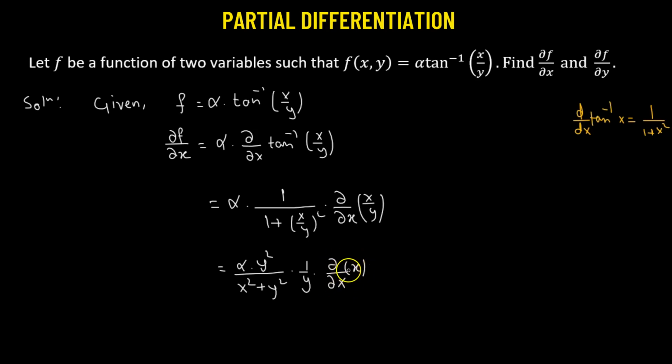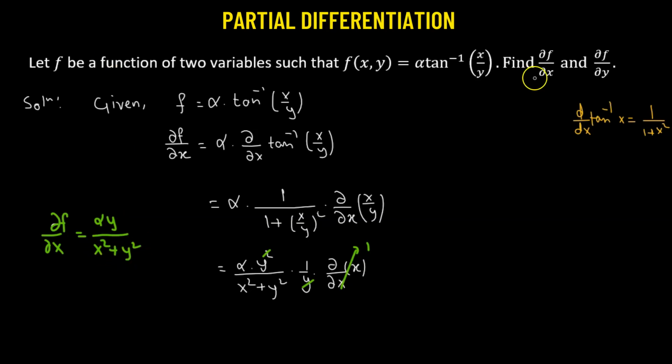The partial of x with respect to x equals 1, and this gives us the partial of f with respect to x. Here the y from the numerator and the denominator cancel out, and this value goes to 1. So this gives us alpha times y divided by x squared plus y squared.